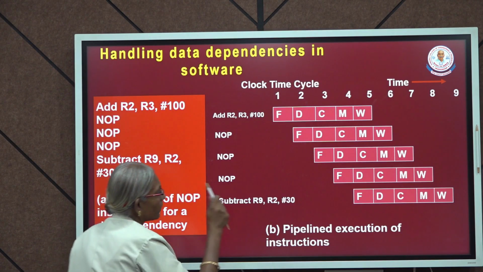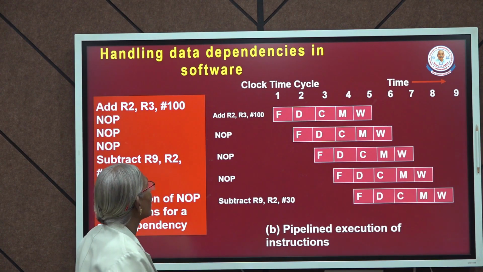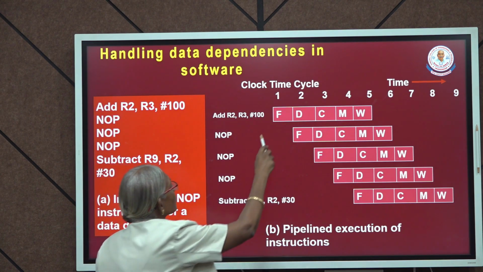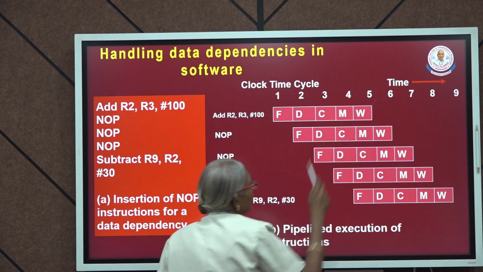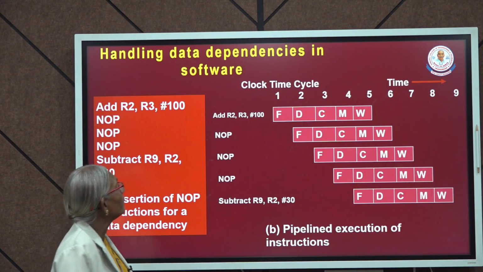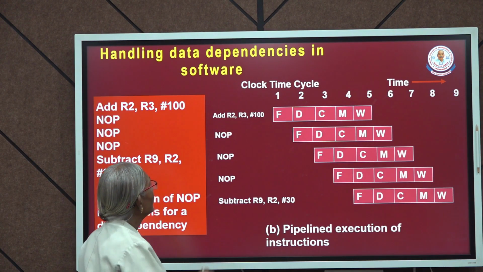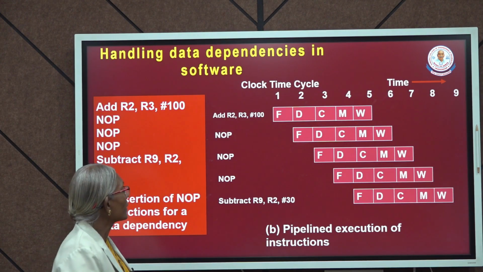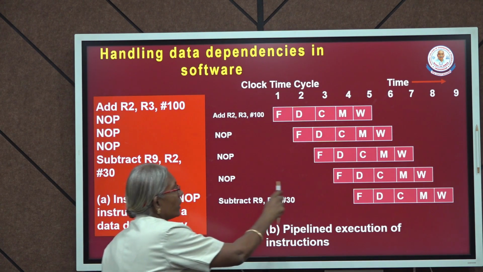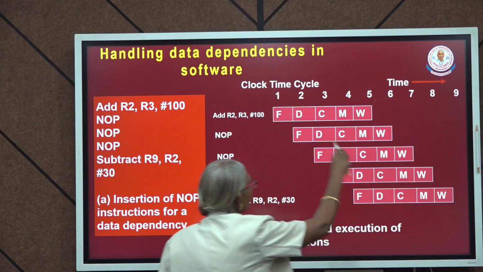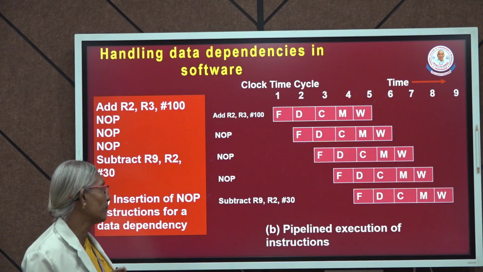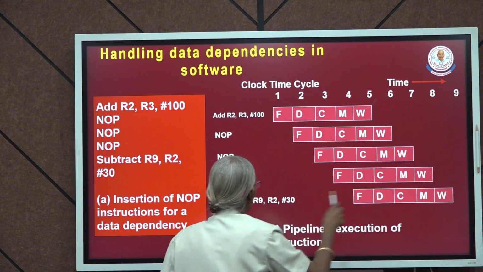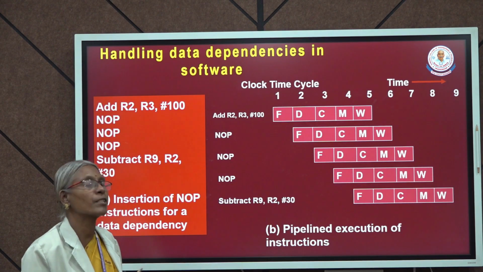Let us see how the pipeline execution takes place. For add R2, R3, #100: fetch, decode, compute, memory and write. These are the 5 stages. Then for each NOP, again I have the pipeline stages like this, but nothing is done in the pipeline. During clock cycle 5, fetching of the subtract instruction starts.